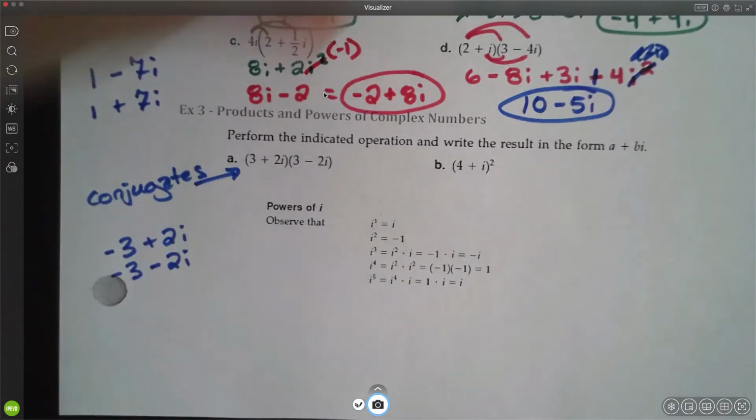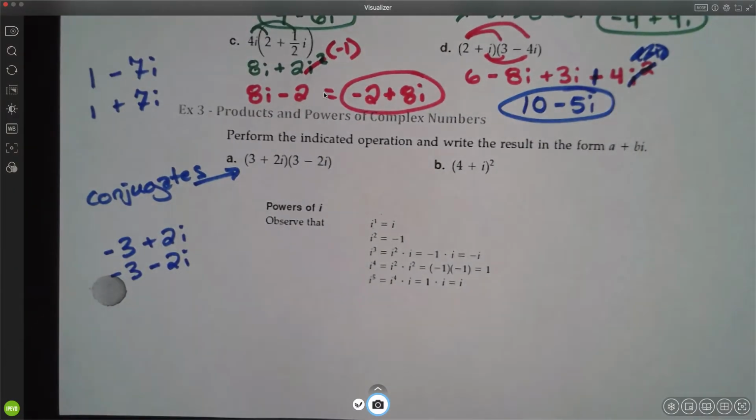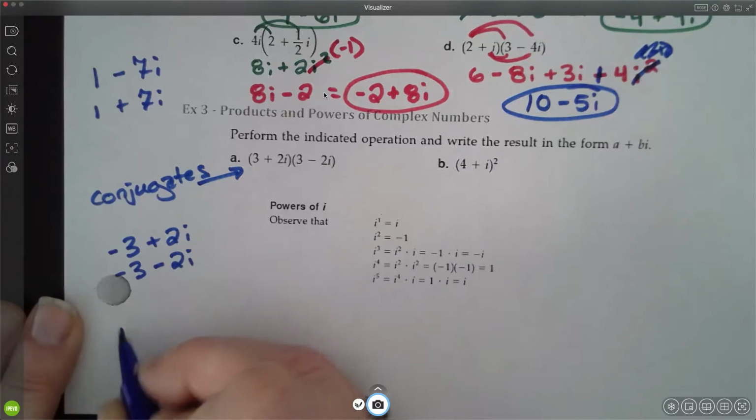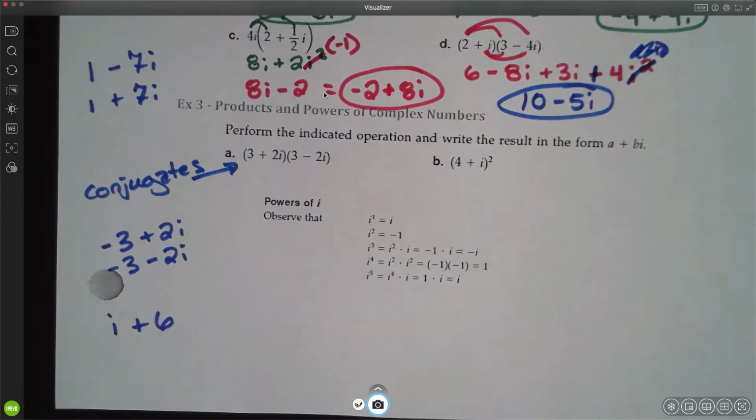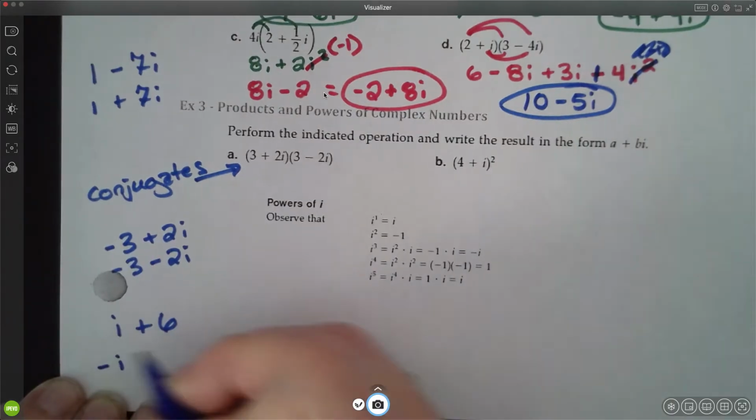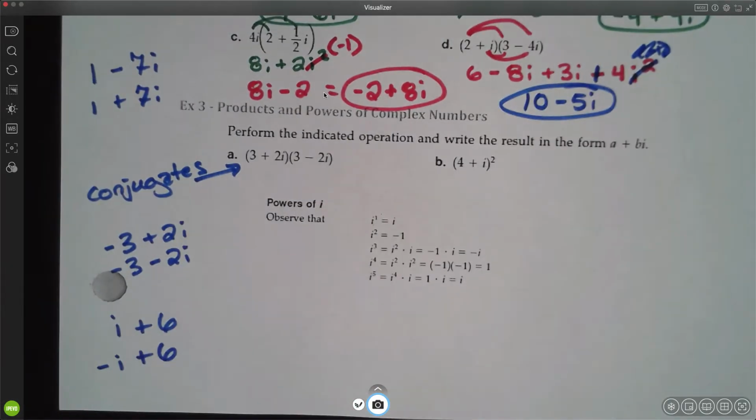Good. Now they might also try to trick you doing this. Let's say we have i plus 6. What's the conjugate of that? A lot of people say i minus 6, but it's not. You only change the sign of the one that's in front of the i, right? So since that one is written backwards, it's -i plus 6. Okay, so those are all conjugates of one another.